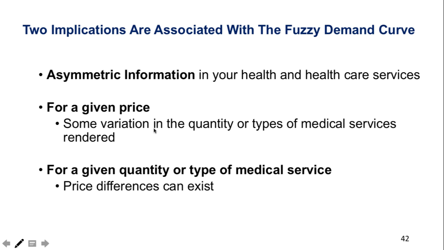For a given price, there are some variations in the quantity or type of the medical services rendered, and for a given quantity or type of medical services, price differences can exist. So we don't have a specific quantity mandate for a specific price, and we have asymmetric information, which causes the fuzzy demand curve in medical care.